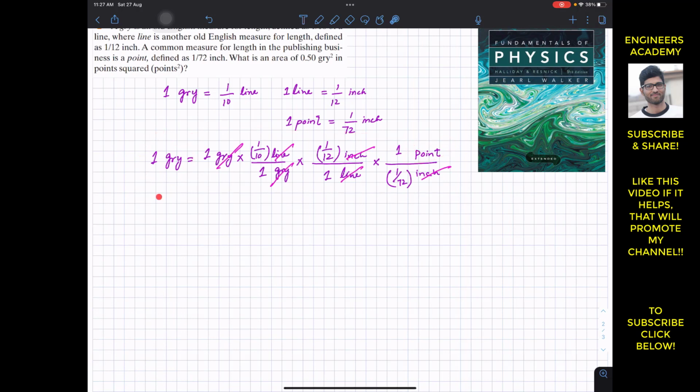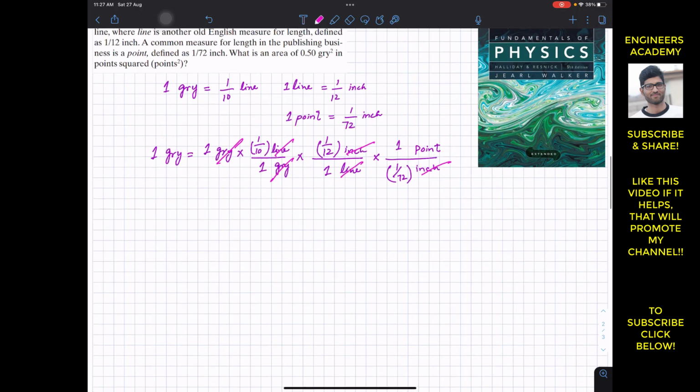So now we can write that 1 gray is equal to 1 multiplied by 1 divided by 10, divided by 1 multiplied by 1 divided by 12, divided by 1 multiplied by 1 divided by 1 divided by 72 points. Let me write this as points.